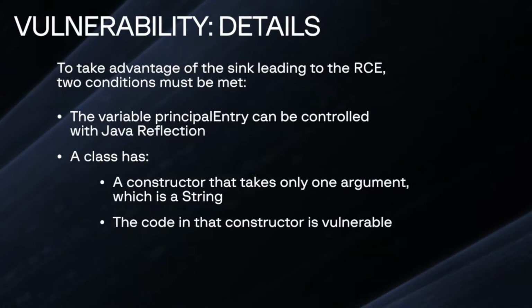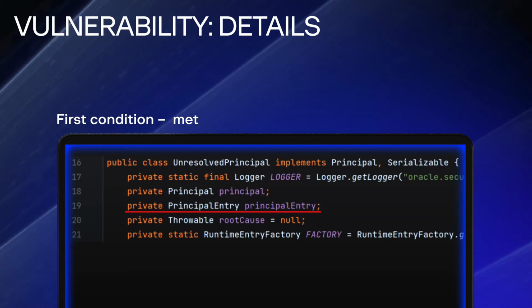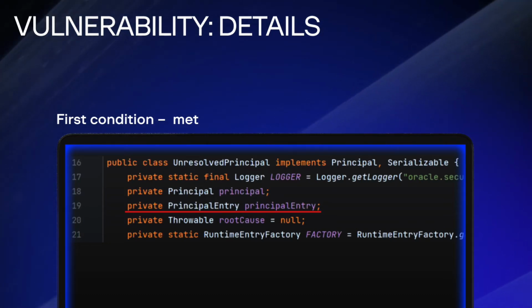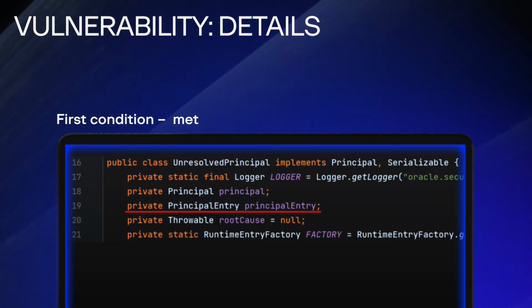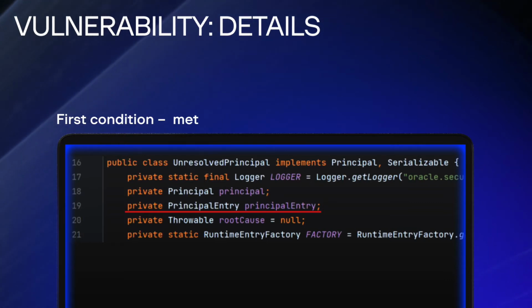In this case, the variable principalEntry is declared with the private keyword, so we can completely control the value of this variable when writing the payload using Java reflection. And condition one is met.